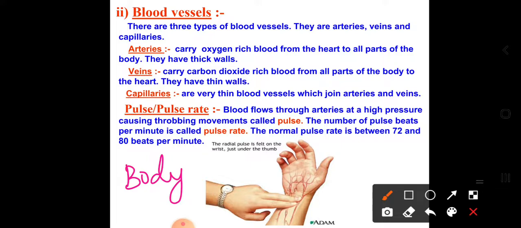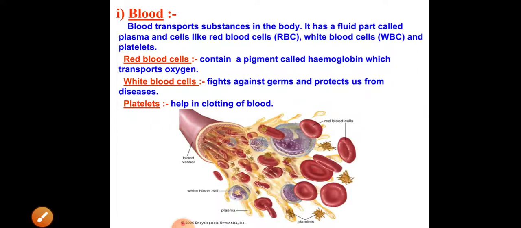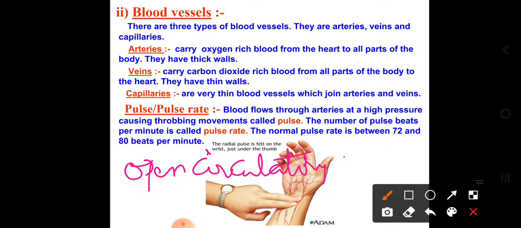Such type of circulatory system, we are calling as an open circulatory system. So in this open circulatory system, that particular organism doesn't have any blood vessels. The blood is truly traveling within the body cavity.